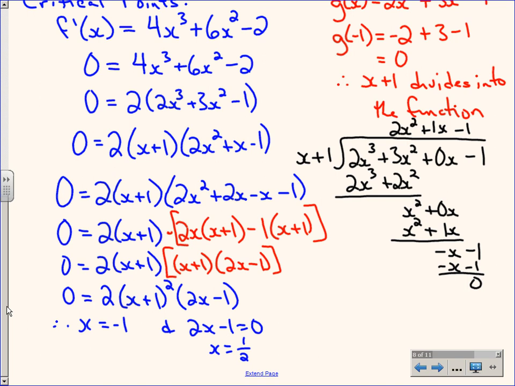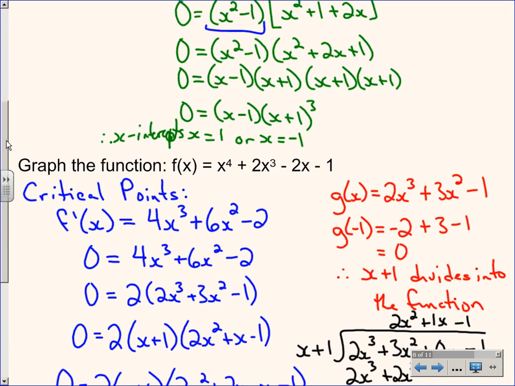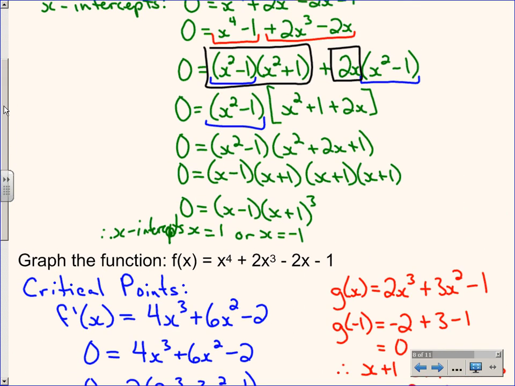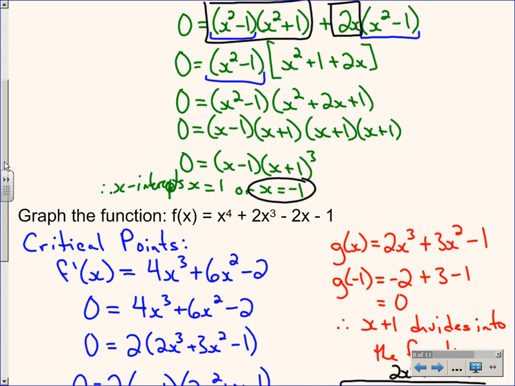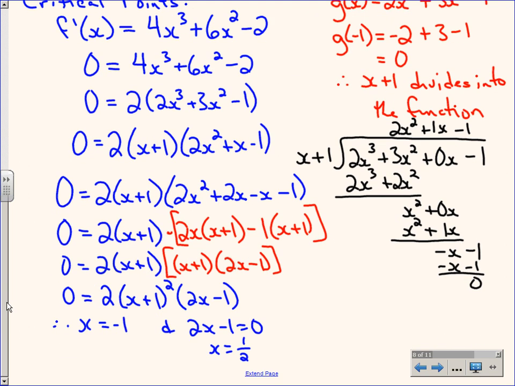Now, I got to scroll back. This has become a pretty long page, I think. At x equals negative 1, that was one of our x-intercepts. Right? That was one of our x-intercepts. So not only is it an x-intercept, it's also a critical point. The derivative there is going to be 0. But now we have this other critical point at 1/2.